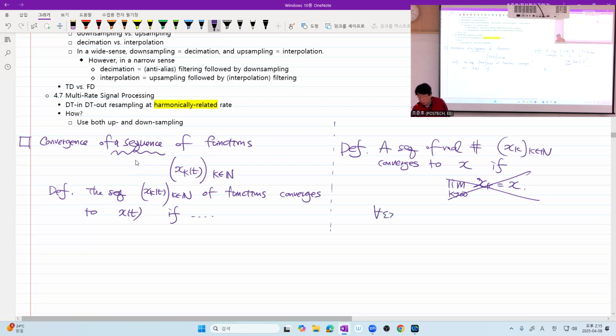So for every epsilon positive, there exists N, which is determined by your choice of epsilon, such that k greater than N of epsilon implies |x_k minus x| less than epsilon. Okay, let me use n then. It's very confusing to use. Got it? So this is the definition.